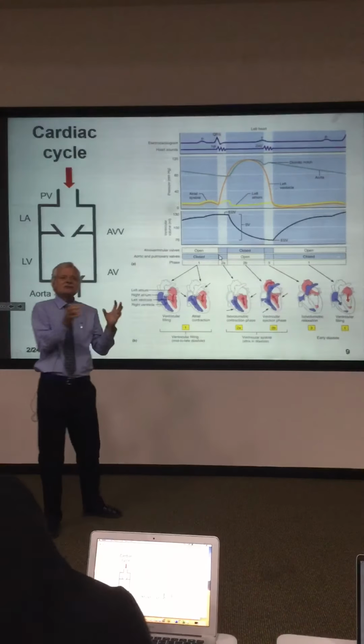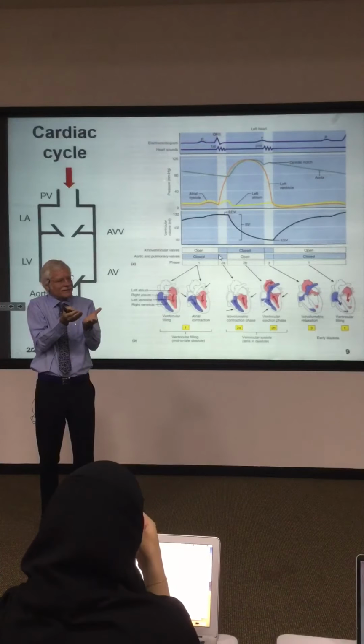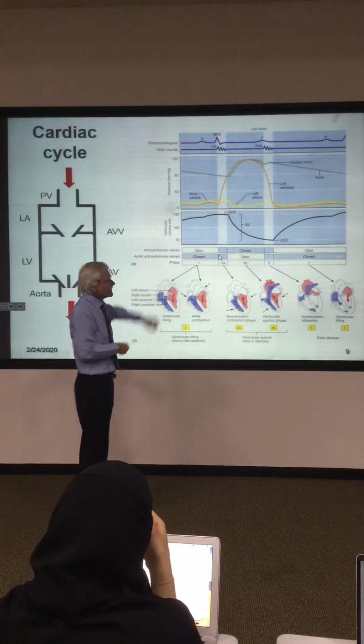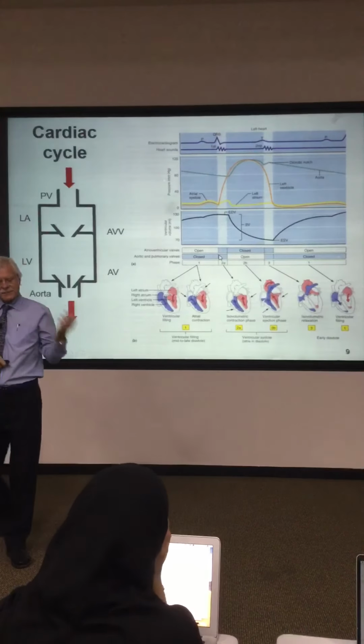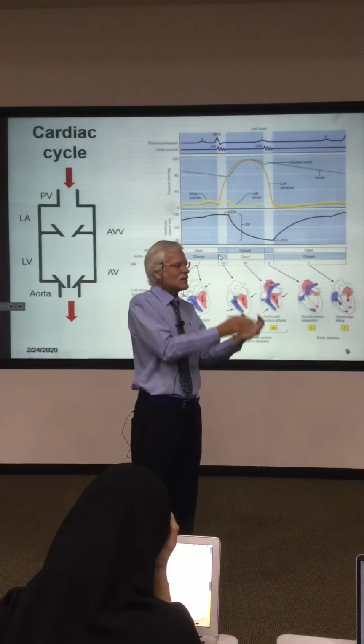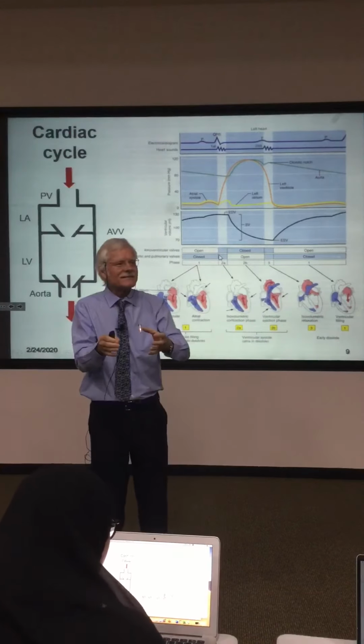And of course, as the atria contract, there's a bit of a pressure build-up, isn't there, in the atrium? And we can see that here in the yellow. And what's the purpose of this? The purpose of this stage of the cardiac cycle is to move blood from the atria into the ventricles, isn't it?